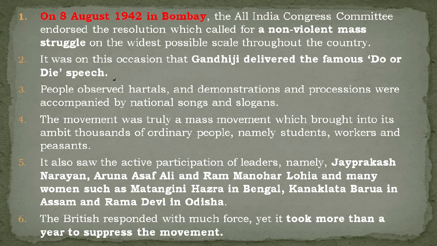Now we come to see how the movement was actually launched, or we can also call it the stages of the movement. On 8th of August 1942 in Bombay, we see the All India Congress Committee endorsed the resolution which called for a non-violent mass struggle on the widest possible scale throughout the country.